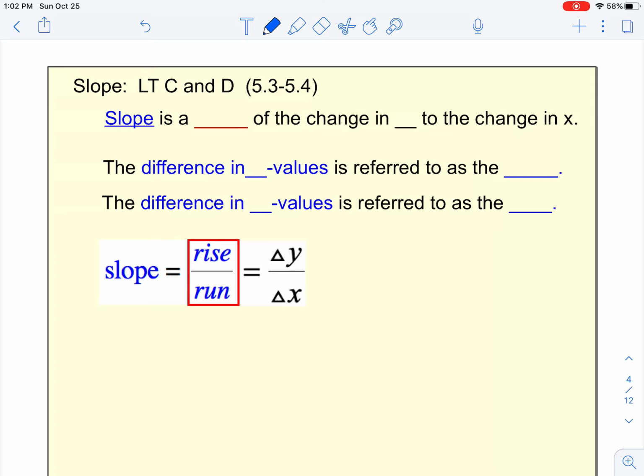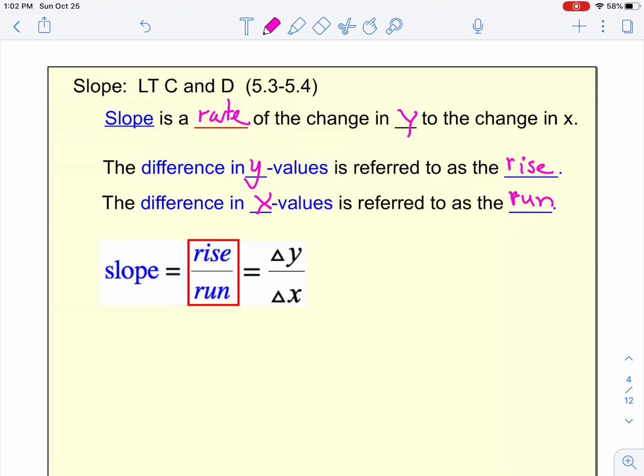So here's the first thing we're going to look at. Slope is the rate of change in the y values to the change in the x values. So again, it is the difference in the y values compared to the difference in the x values, and we refer to those y values as our rise and our x values as the run.